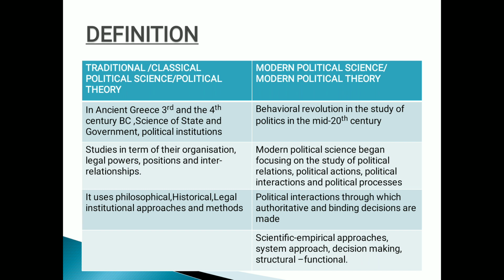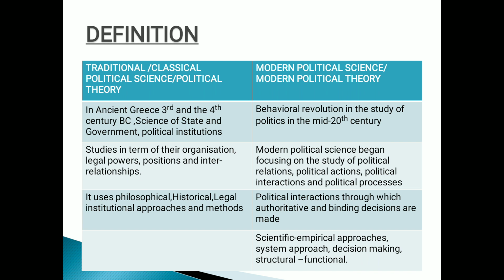All these things will be studied in modern political science, so that they can take correct, authoritative, and binding decisions when making policies and plans for the betterment of the society and the administration. Clear, everyone? Now, what methods are they using? They are using different methods.